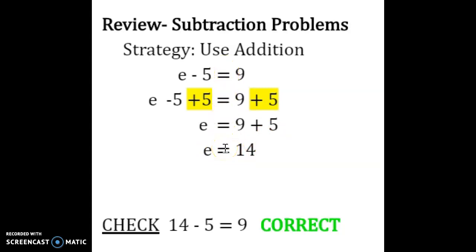Notice that all of my equal signs were lined up, and as I checked, we knew that 14 minus 5 equals 9. We're going to use some of the same strategies of opposites as we work through our new material.